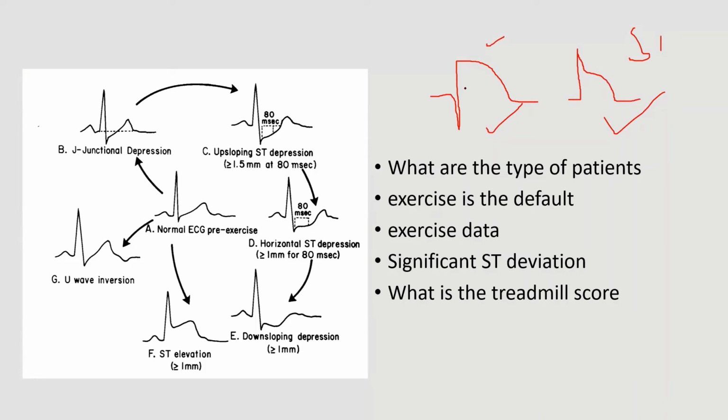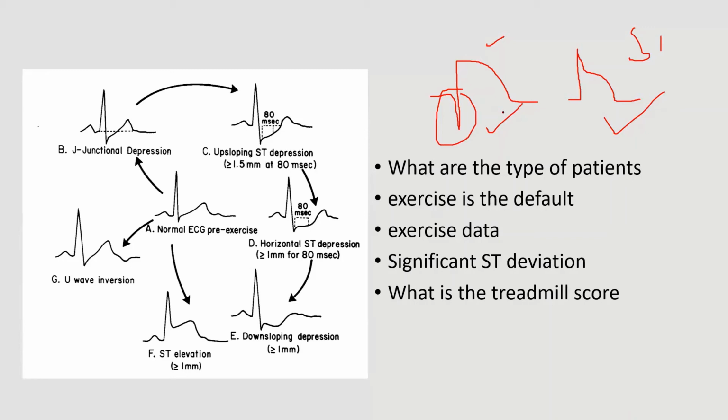So if the leads that show the ST segment elevation already have Q waves at baseline, ST segment elevation is kind of a normal response. Because Q wave indicates what? Most likely you have scar tissue, dead tissue, necrotic tissue, old myocardial infarction. So with the exercise, it goes under tension and it gets elevated.